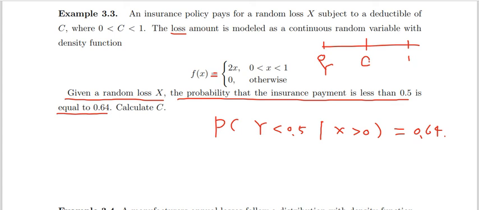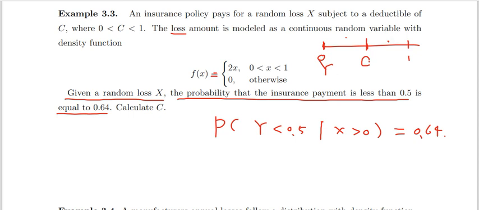So if the loss is between here and here, the company payment is 0, right? So the payment is less than 0.5. So if the loss is here, then the payment is y, x minus c.